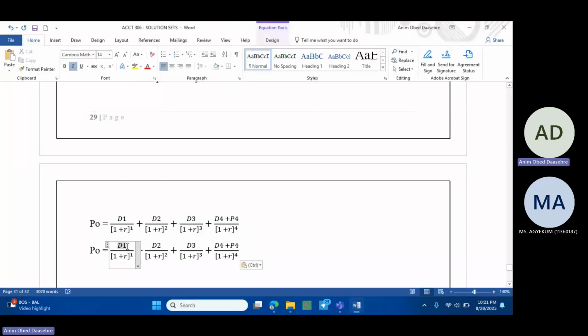So can you give me the values for the various? So D1 is what? 2.06, and the required return is 12%. And D2 is also 3.38. Then the required return is 12%.